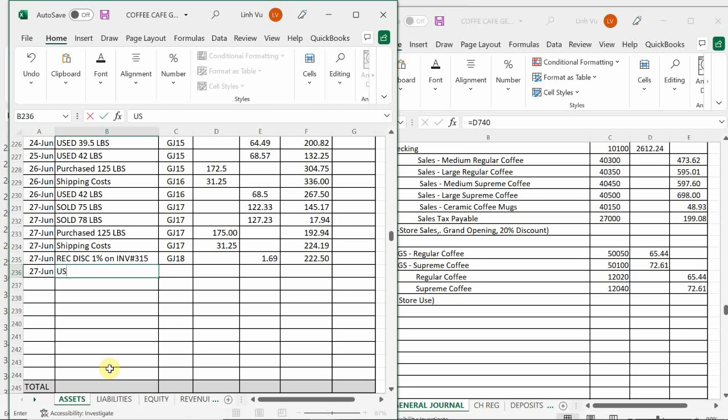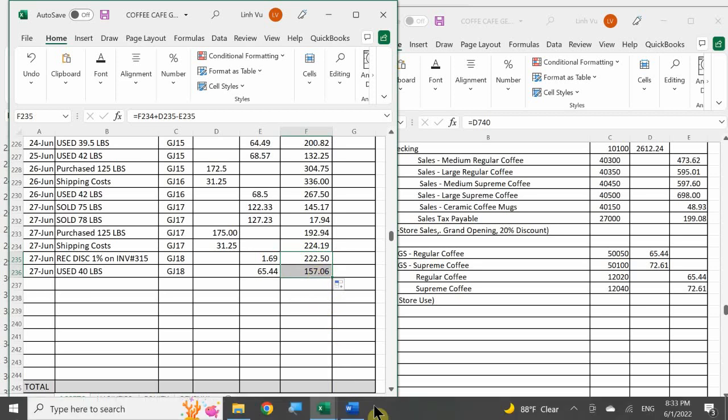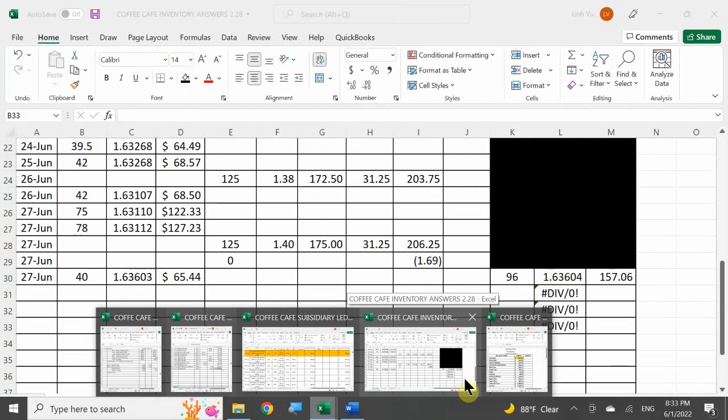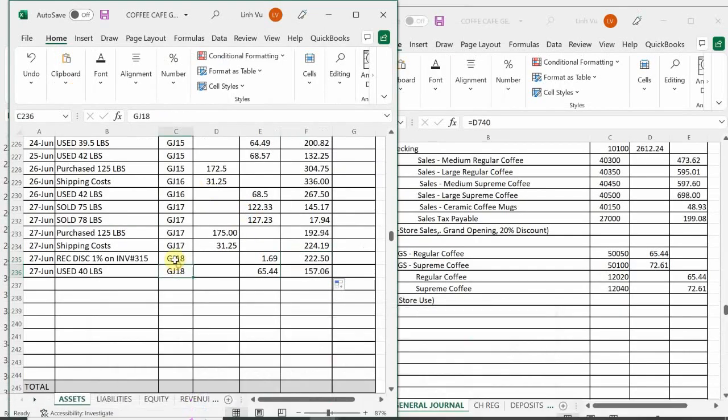I end up using 40 pounds for a total cost of $65.44. So that should drop your value down to $157.06. Okay, is that true? $157.06 is true. Okay.